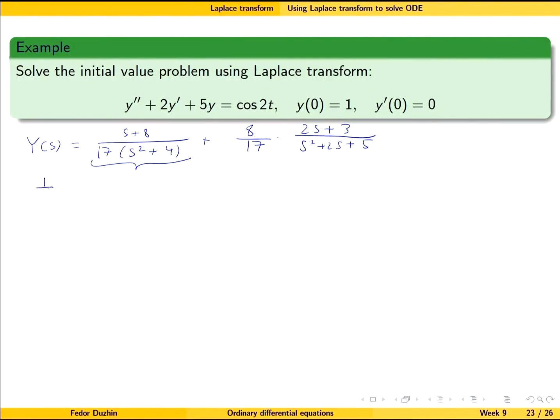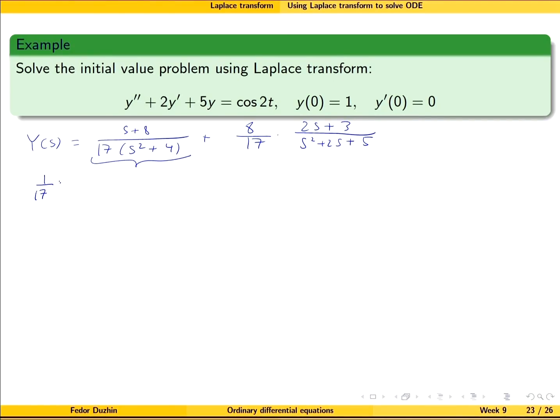So this is 1 over 17 times s over s squared plus 4, plus, we have 8, right? So I'm going to write 1 over 17 times, in order to have something like the sine, the denominator is s squared plus 4. 4 is 2 squared, so for the sine function, I should have 2 here.